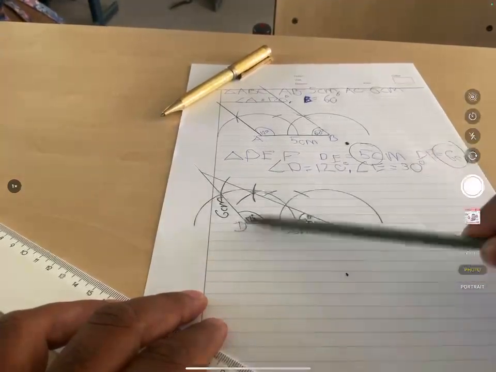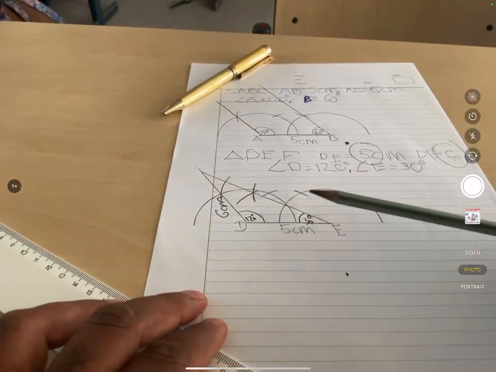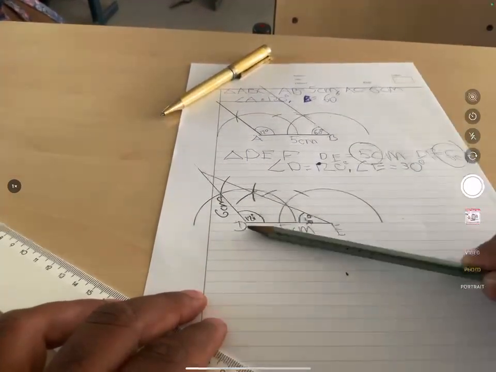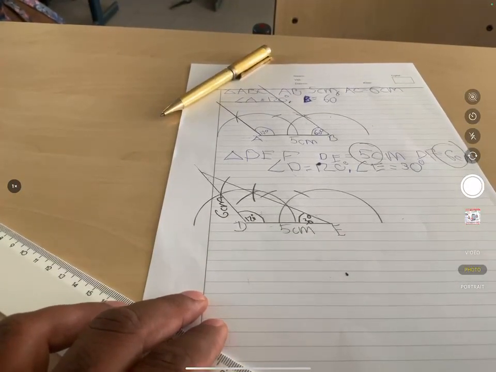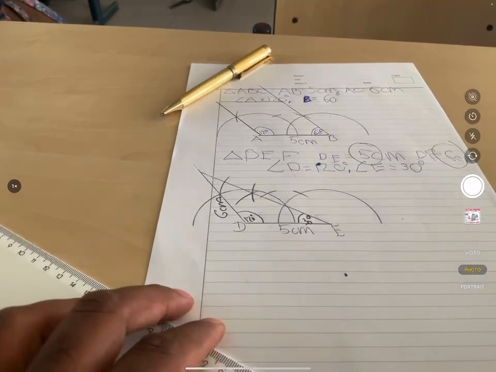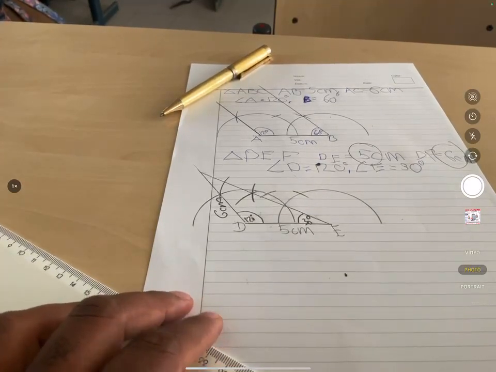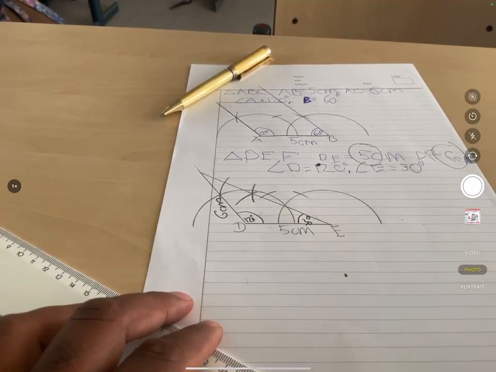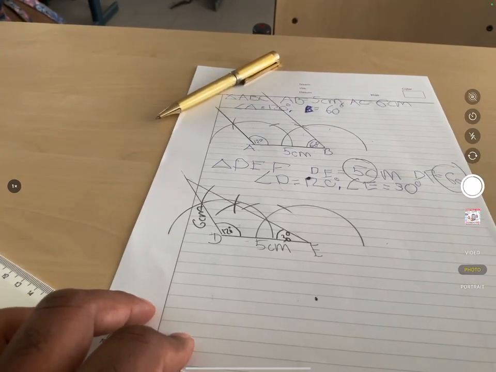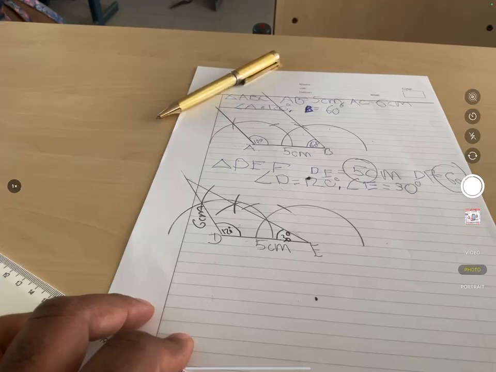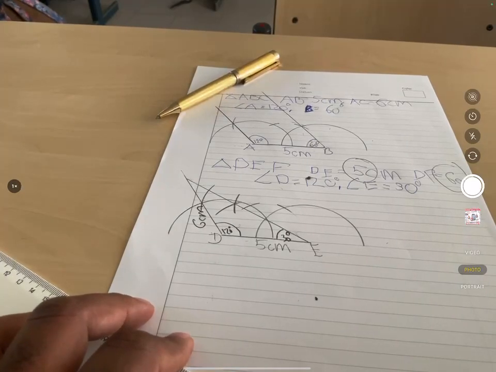Everything that's here has to come back here. The other ones don't matter. So you can see it starts to get very messy the more angles you have to create.